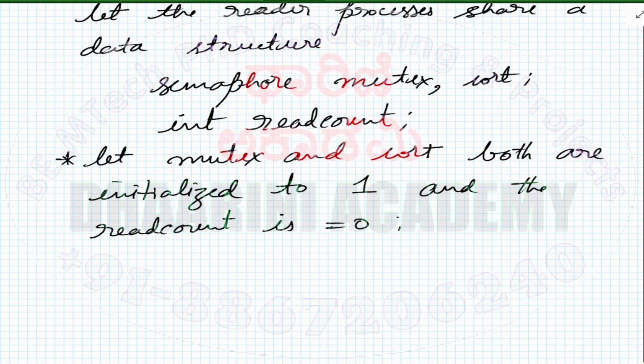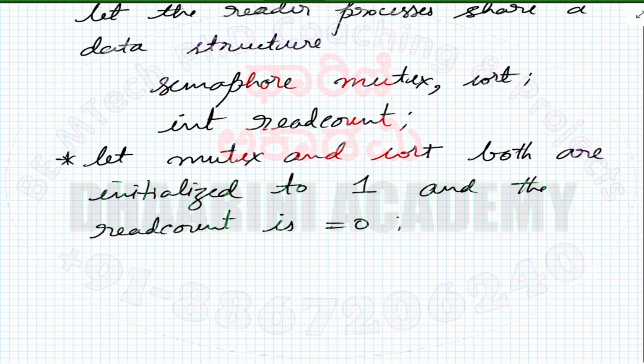Now, the semaphore WRT is common for both reader and writer processes. The WRT will be shared with the write processes as well as the read processes. But the mutex semaphore is used to ensure mutual exclusion whenever the variable read count is updated.